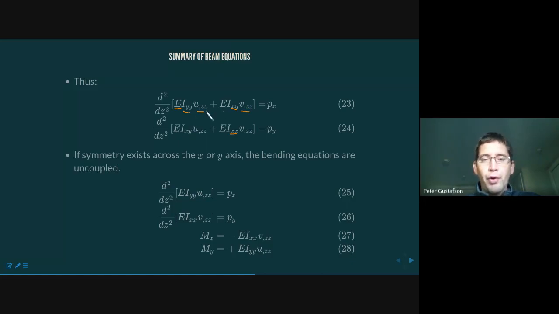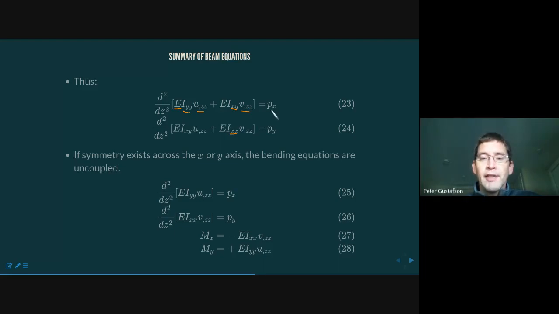So this is a fourth order differential equation in the displacement field U and V. That is also often called the deflection of the beam, because that deflection is a measure of the reference axis displacement. So it's not wrong to call it a displacement, but because it is specifically with respect to one point within the cross-section, it's sometimes referred to as deflection instead. So it's a measure of the deflection of the entirety of the beam.